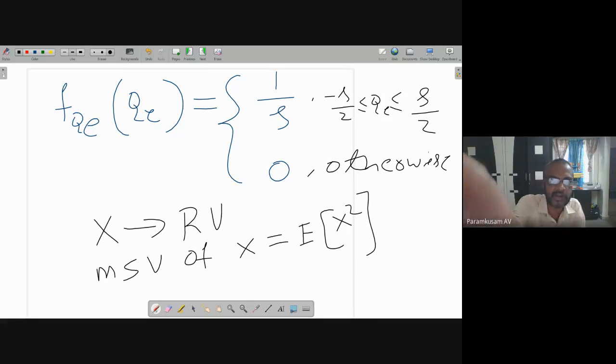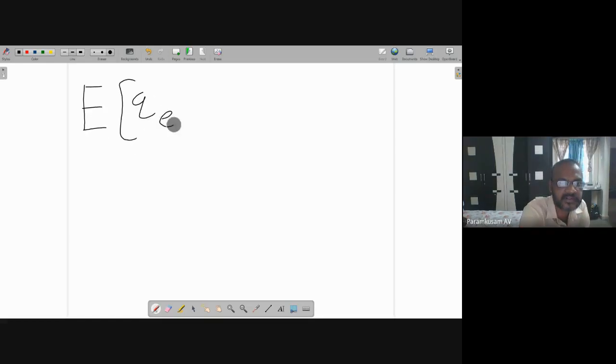So note down: the mean square value of quantization error is equal to the expectation of QE square. Do you remember the integration?